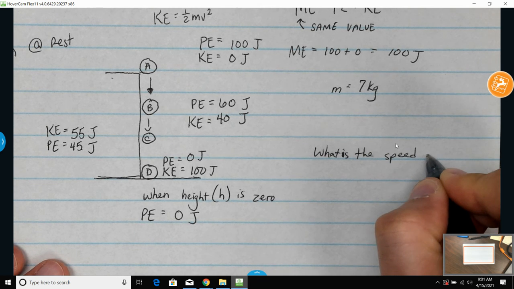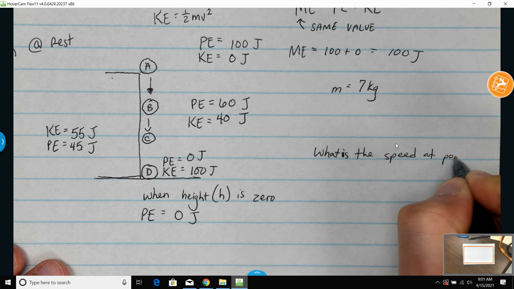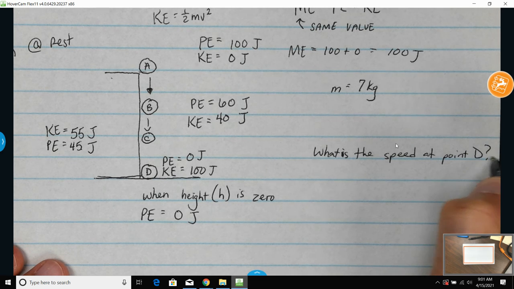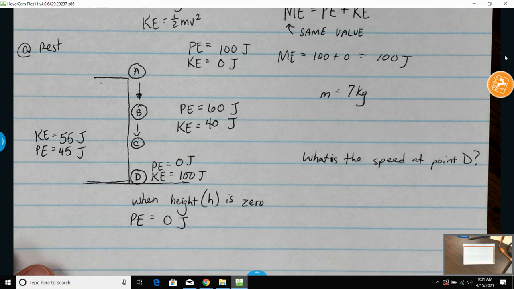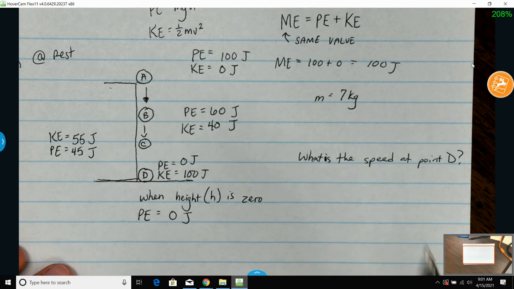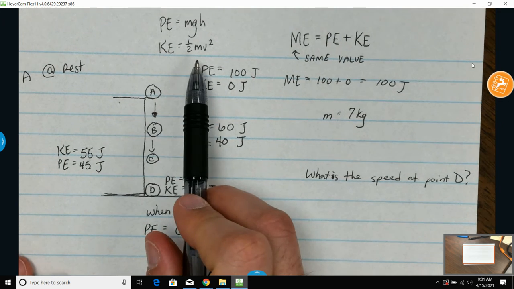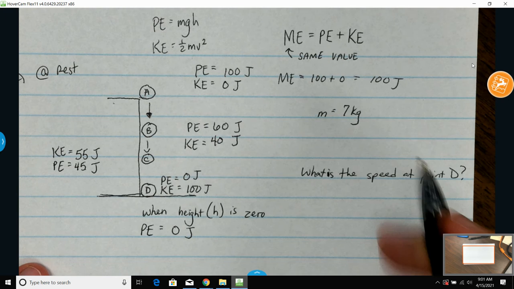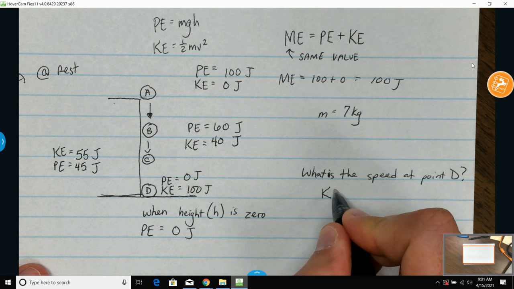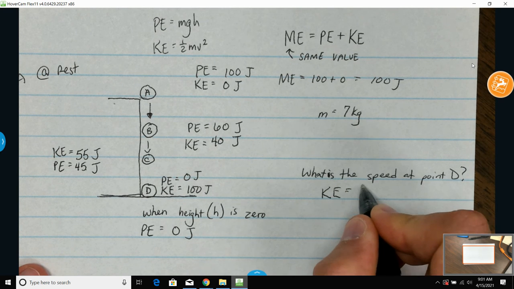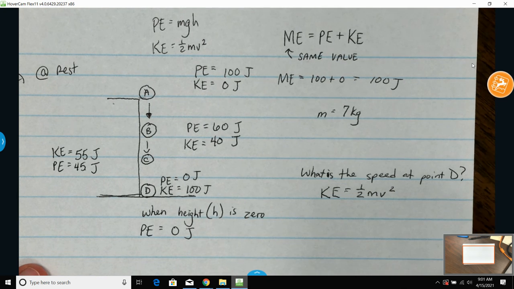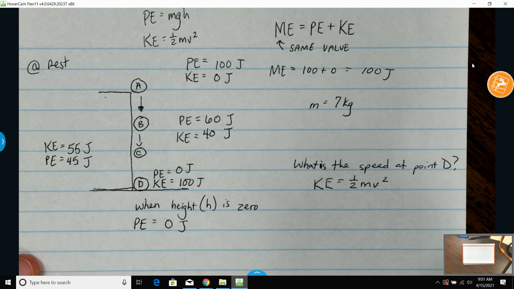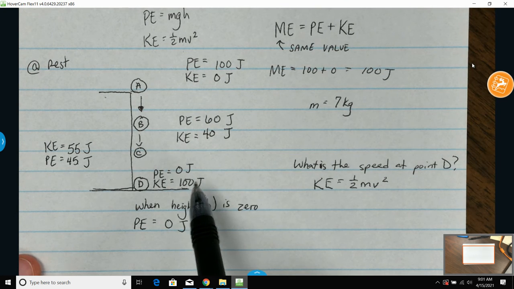Speed or velocity at point D. Sorry, my handwriting is a little sloppy right now, guys. So what do we do? Kinetic energy is the one that has velocity in it. So what you would do is set the equation up. Now you know what the kinetic energy is, it's 100.